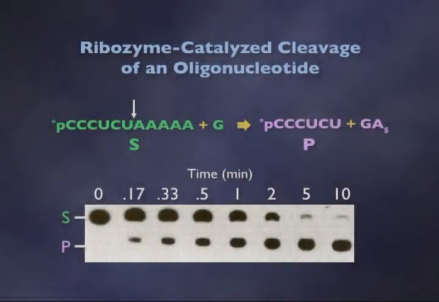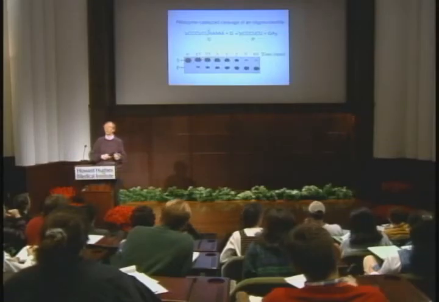This radioactive labeling is done because we're working with extremely small amounts of material, and it would be difficult to detect the material by a standard chemical analysis.